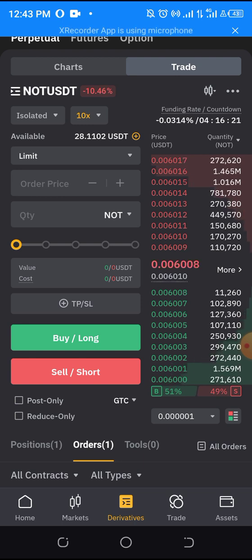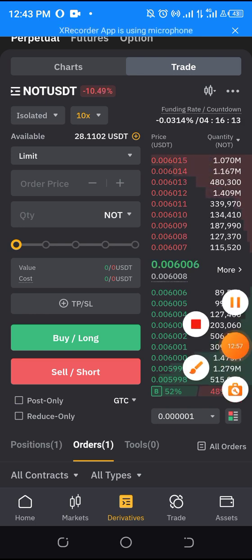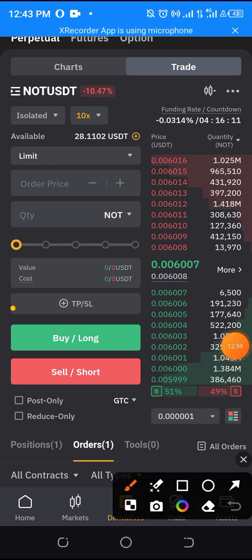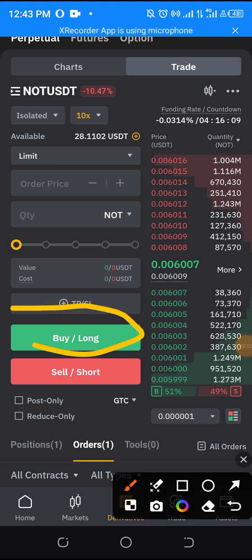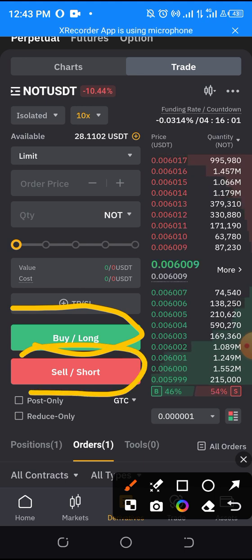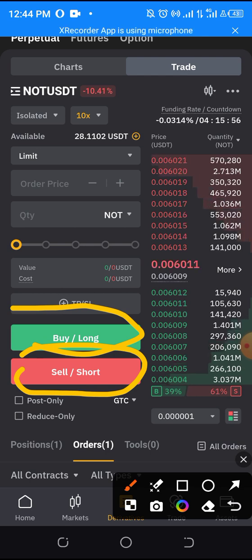So if you are using limit orders, you're going to be placing your trades below the current market price for a buy, for a long. If you want to long a trade with a limit order, you place your price below the current market price, while if you're going short, you place your trade above the current market price. So that's how to place your limit.